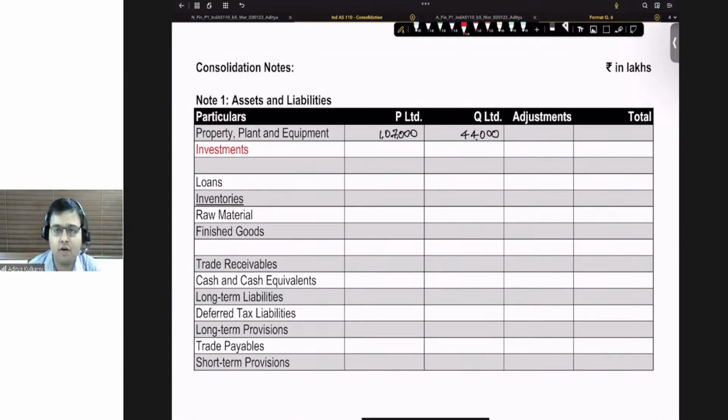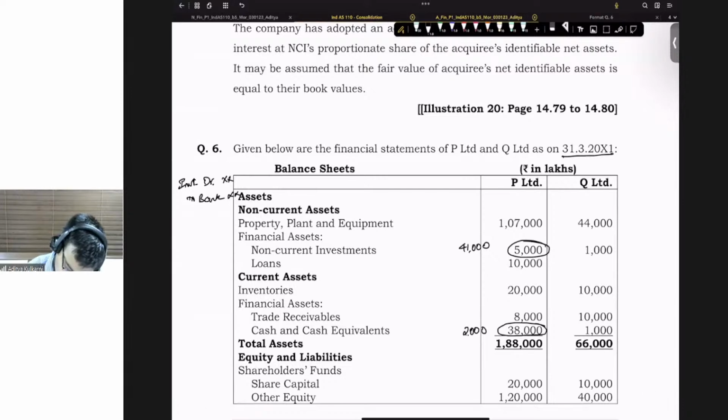But actually out of 41, 36 is the investment in subsidiary. So we will write 41 minus 36. So it comes as 5,000. And then the other investment is 1,000.